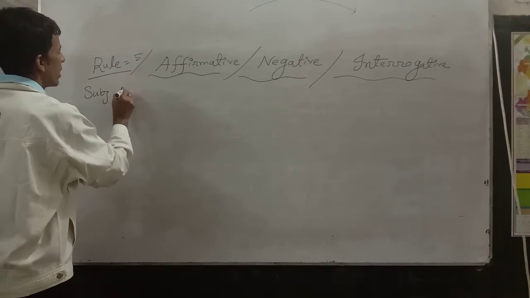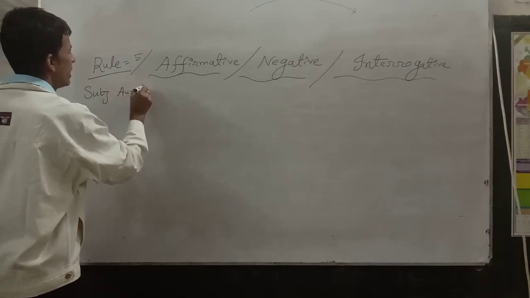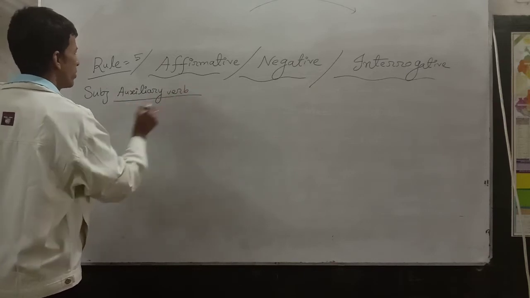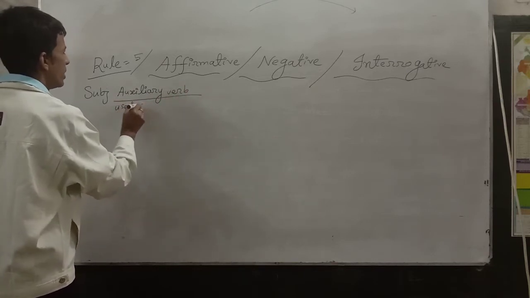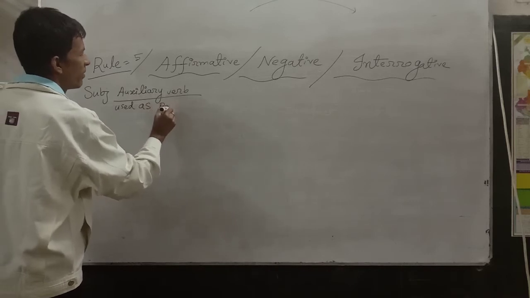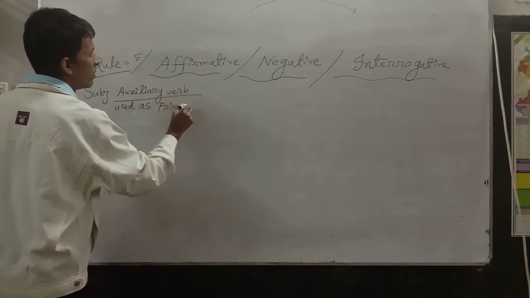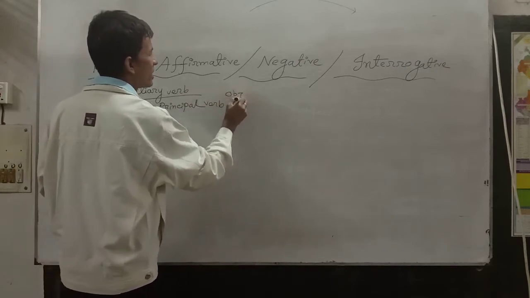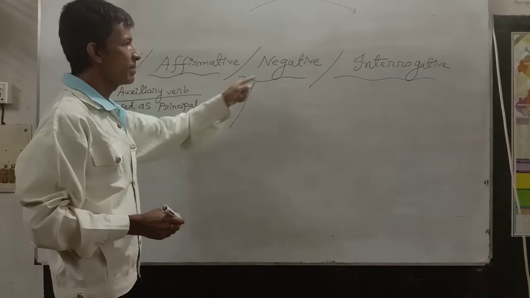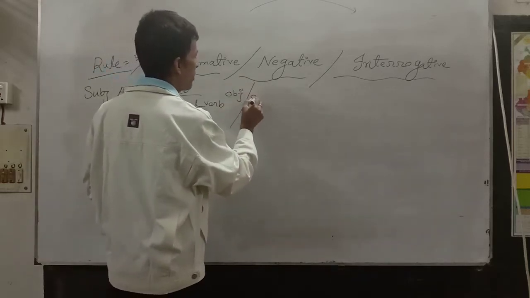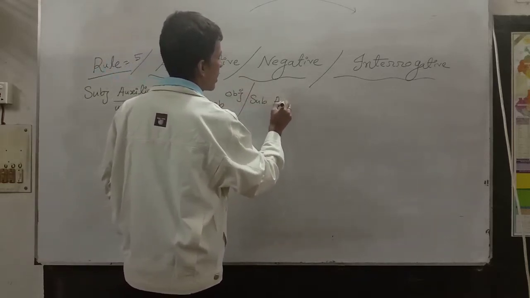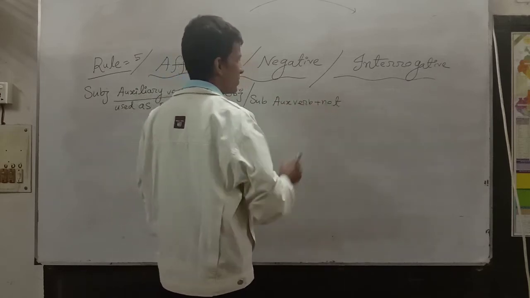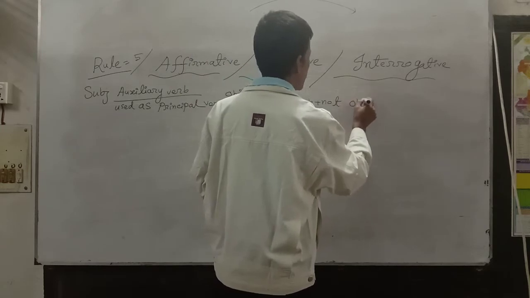Subject, auxiliary verb used as principal verb, and then object. In the negative sentence, you will have to write subject, auxiliary verb plus not, and at last the objective case.